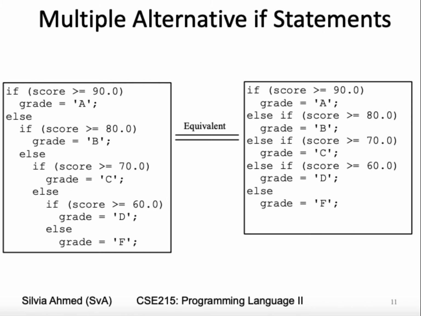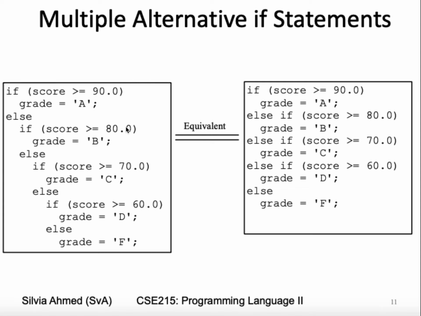Okay. The last one is called multiple alternative if statements. That means beyond true and false, if we need to check other conditions when something is false, what can we do? If the score is greater than or equal to 90, the grade will be A. Else, we need to again check whether the score is greater than or equal to 80 or not.